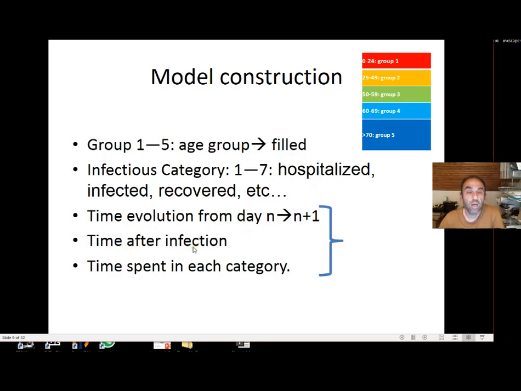We have a specific timer to measure how long a person stays infected, how long a person stays in hospital, how long the person stays in ICU or recovered. So we can measure time after infection, and in addition the time spent in each category. This allows, when we do the calibration, for a model which is very precise.